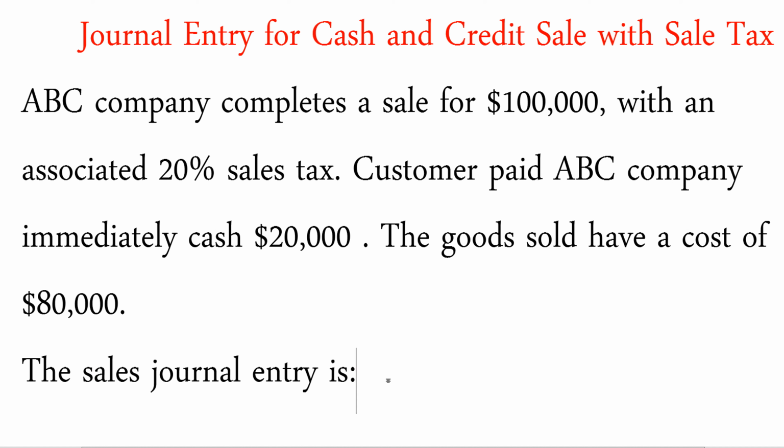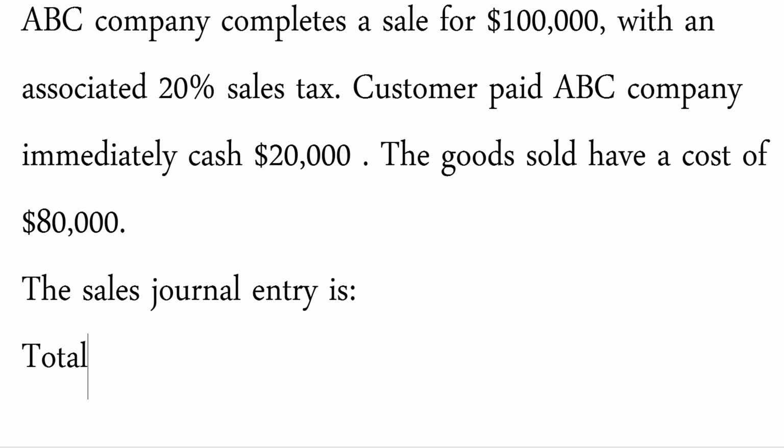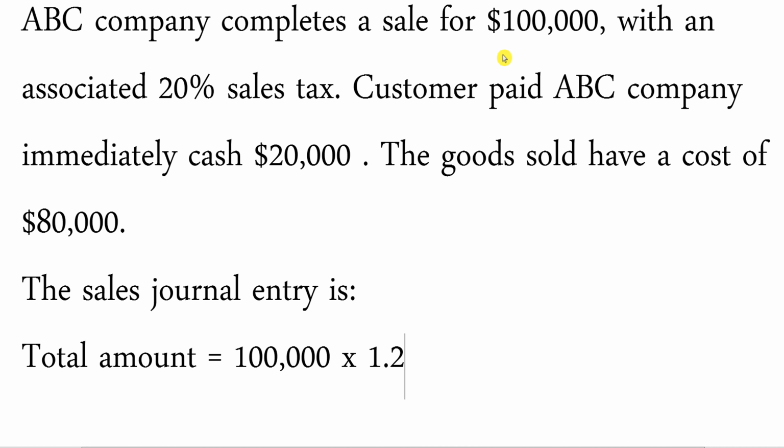So the first thing we should calculate is the total amount that we will collect from our customer. 100,000 multiplied by 1.2, because the amount excludes tax, so we need to calculate the amount including tax: 120,000.